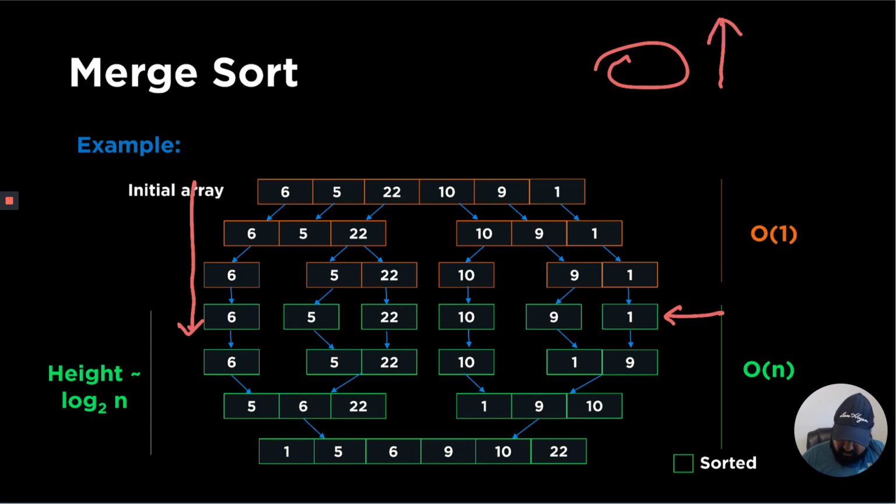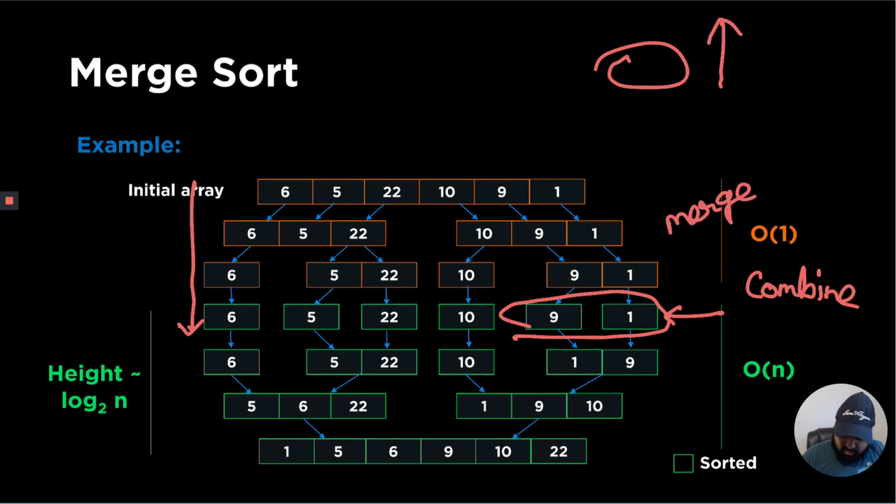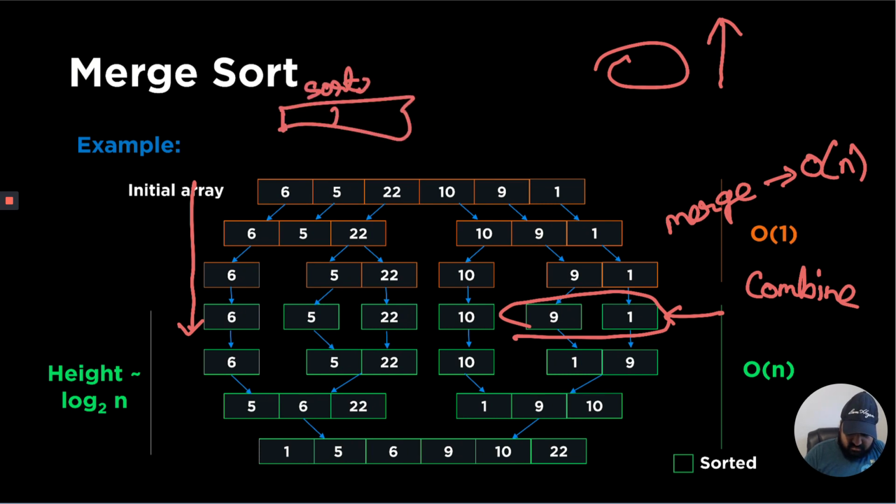And once it goes back up, we are going into the combine stage. In the combine stage, if we have two different arrays, like these two arrays of size 1, we are going to merge them. Merge is going to have complexity O of n, because if we have two sorted lists, we can merge them in O of n time.